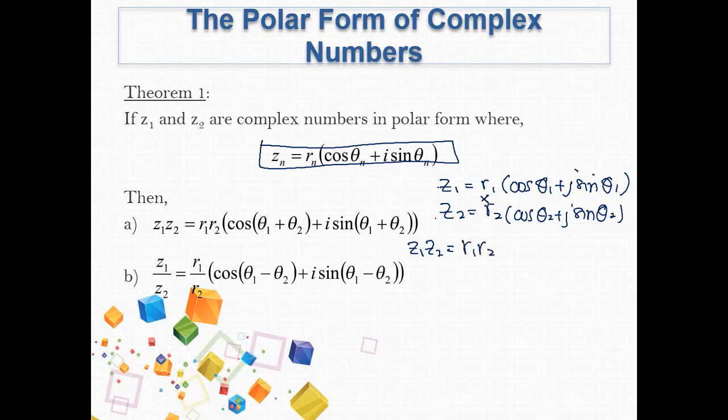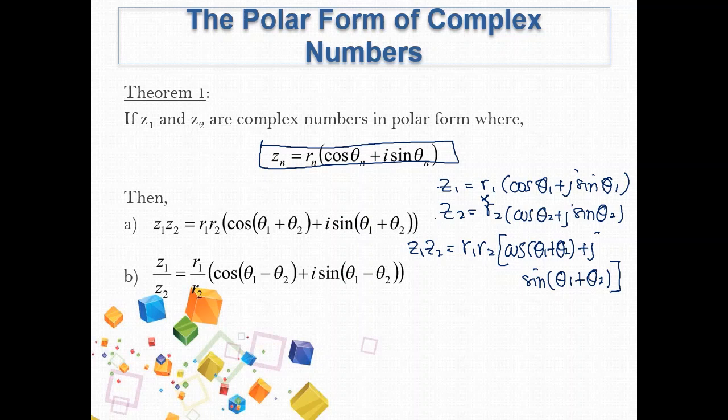While for the cos, it won't follow the regular operation for multiplication. This involves the trigonometric identities, where when you multiply, you get cos of theta 1 plus theta 2 plus j sine of theta 1 plus theta 2. That's it.